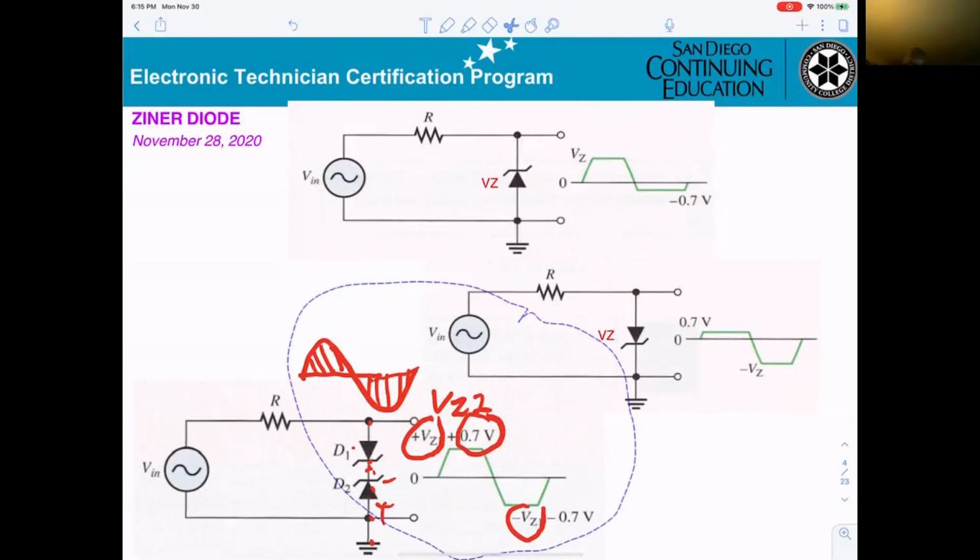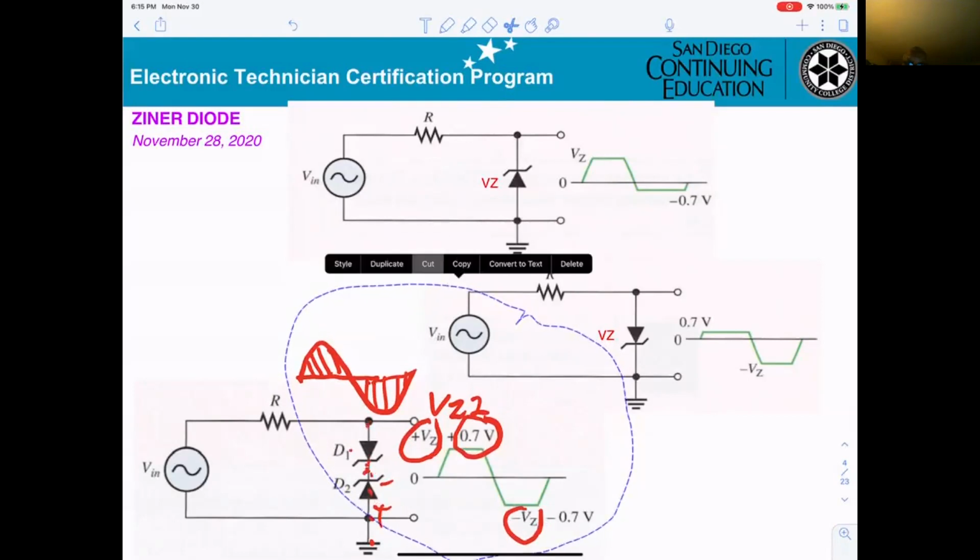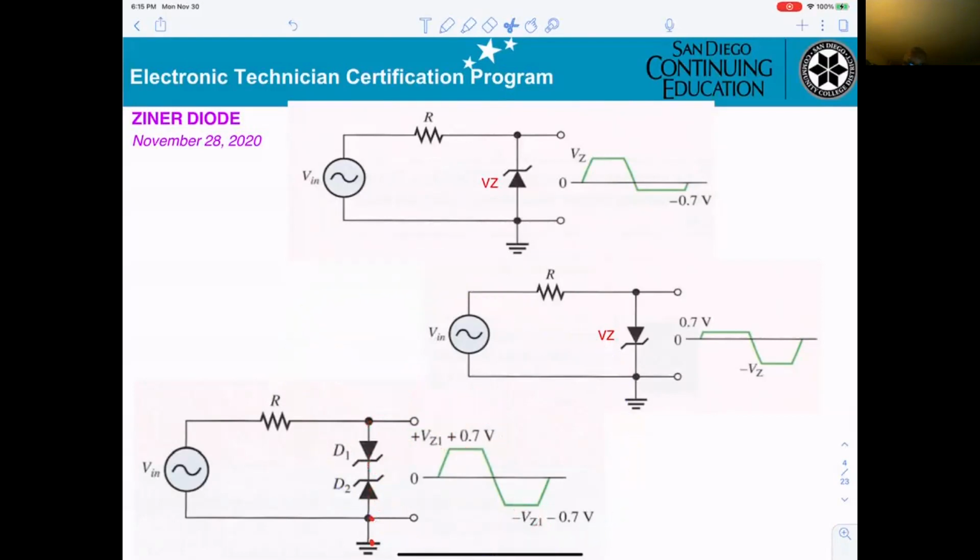Hey, Mr. Pham, one thing about the clipping: what is the effect of the clipping of the signal, the way they clip it like that? What they want is to limit it by the Zener on both sides. I guess what I'm asking is whether they're trying to make a square wave. Is that the reason for doing that? Yeah, depending on the signal output they want.